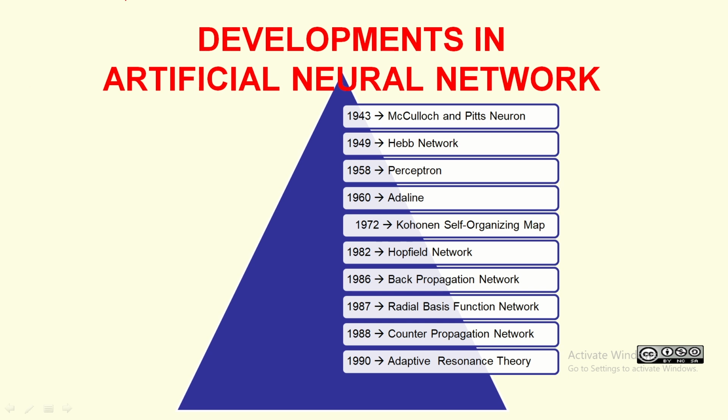In the subsequent presentations, we will see the McCulloch-Pitts model, the Hebb model, the perceptron, the Adaline model, then the backpropagation neural network, then the radial basis function network, then the self-organizing feature map, then the adaptive resonance theory. Then we enter into another part of the neural network models.